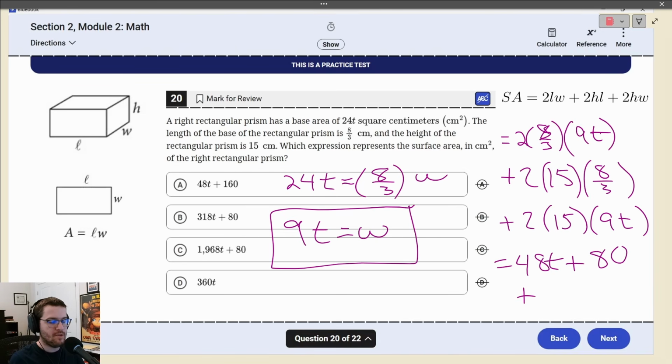And then we've got 2 times 15 times 9, which is 270t. So now we're going to combine the like terms, 48t plus 270t. That is 318t, so we got 318t plus 80. And that is option B, which is the answer.